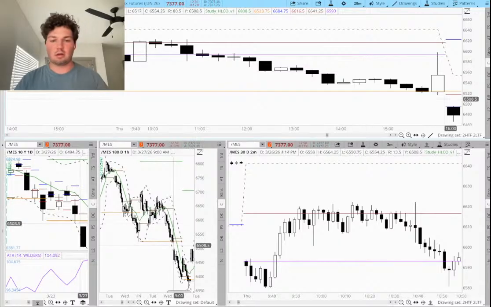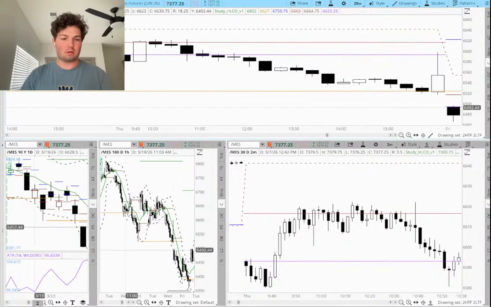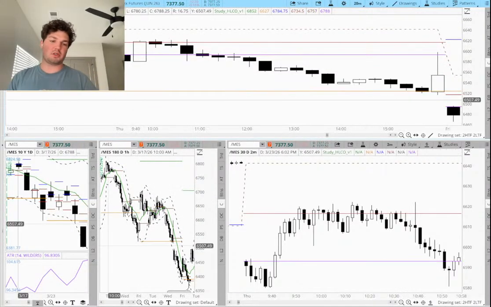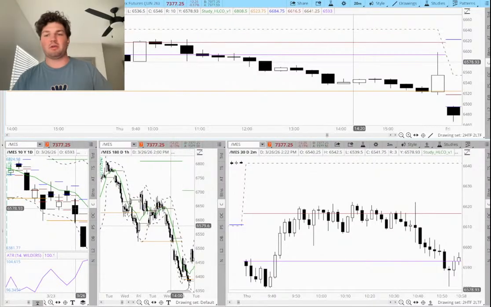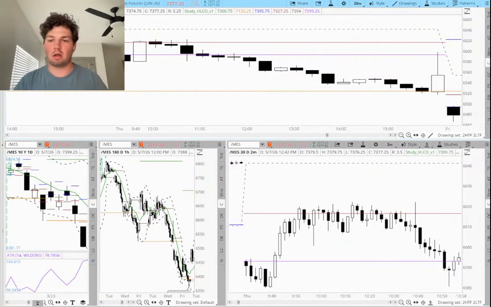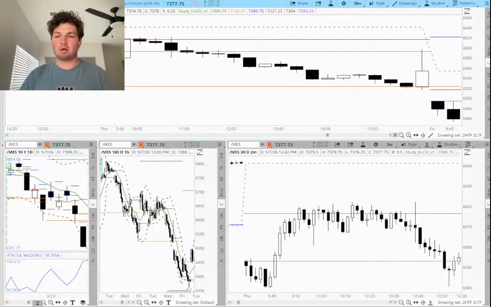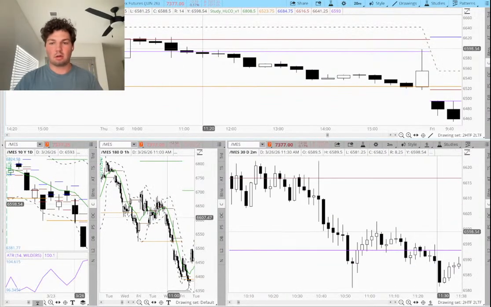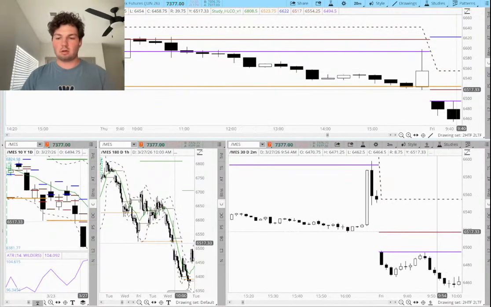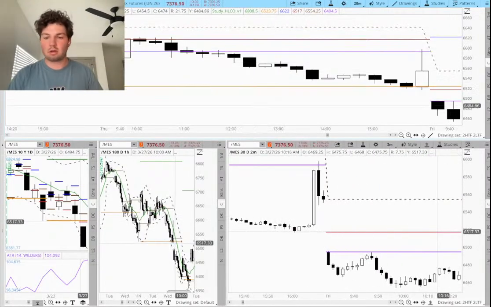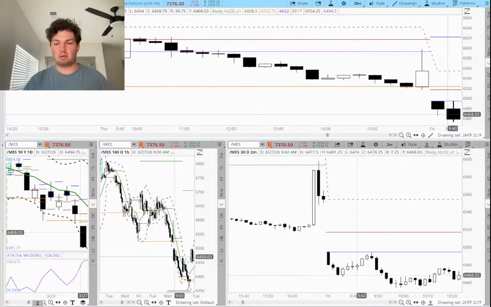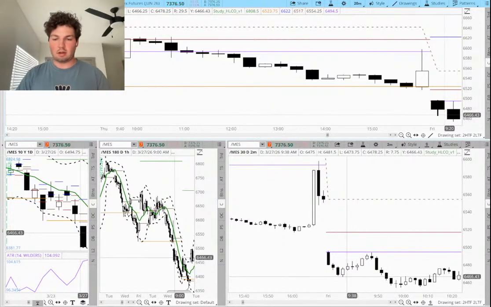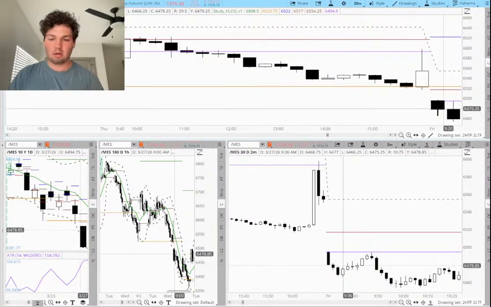Next day, we just had a really big push down. Probably wouldn't expect another big move down, but we get filled, so I gotta comply. Push down, right there, breakdown, stop loss would go here.